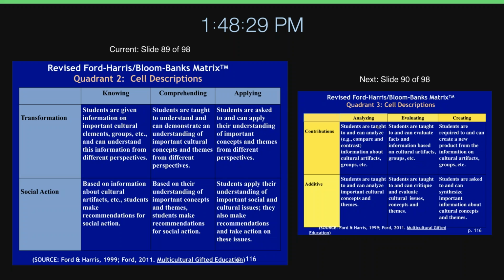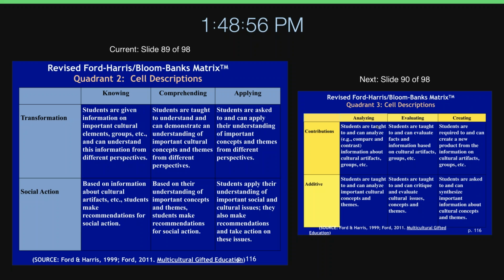In the next one, quadrant 2, this is where we are low, look at the top, on Bloom, but then we're high on Banks, meaning transformation and social action. So I'll go with comprehension and comprehending and transformation.